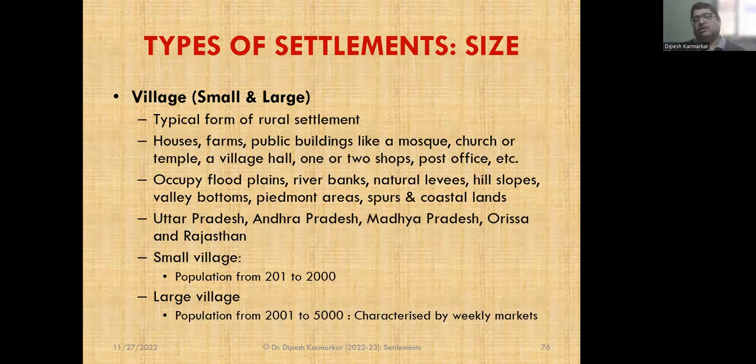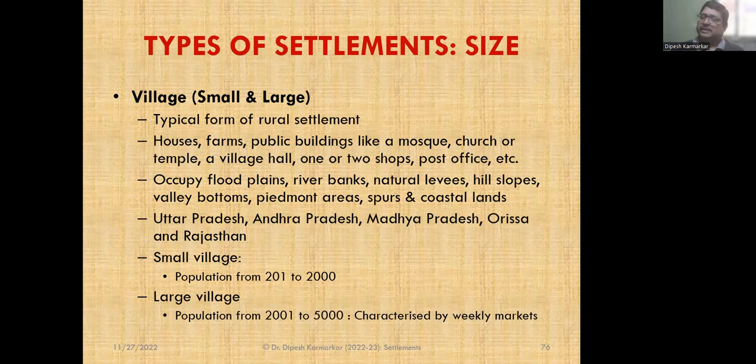Such villages, large or small, occupy floodplains, river banks, natural levees, hill slopes, valley bottoms, or piedmont areas, spurs, and coastal lands, which are very typical physical locations where we find the development of villages. Villages are there in all different parts of the country, but the number of villages is much more in states like Uttar Pradesh, Andhra Pradesh, Madhya Pradesh, Orissa, and Rajasthan.